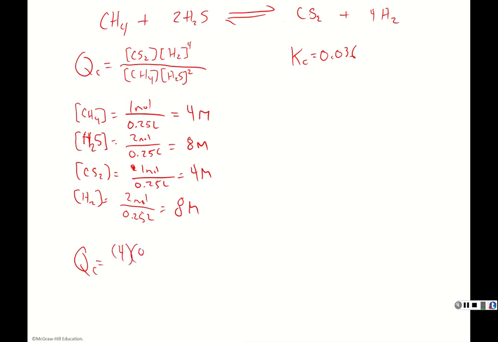So we get 4 times 8 to the fourth power and 4 times 8 to the second power. So you get a pretty large number on top and maybe not so large number on the bottom, and it equals 64. Having real trouble writing 4s today. Okay, 64.